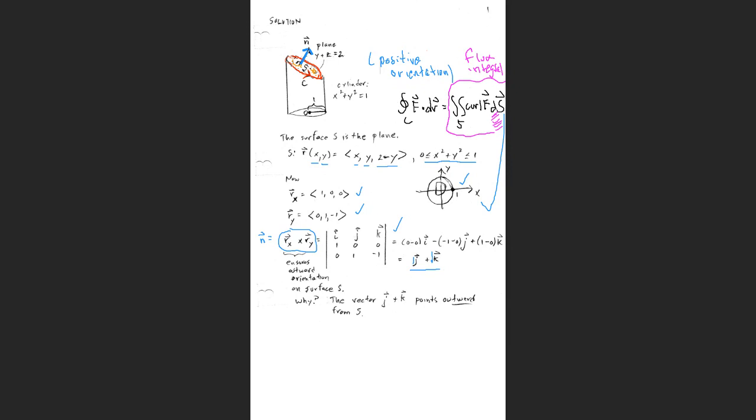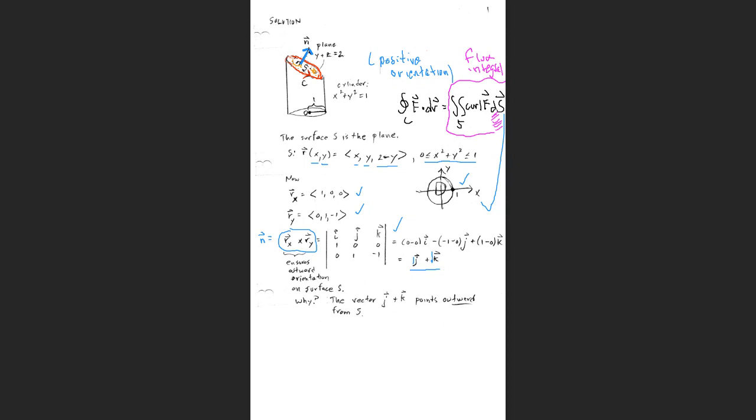Now, if you were to do ry cross rx, you would get negative j minus k. All you do then is adjust that so both components are positive.